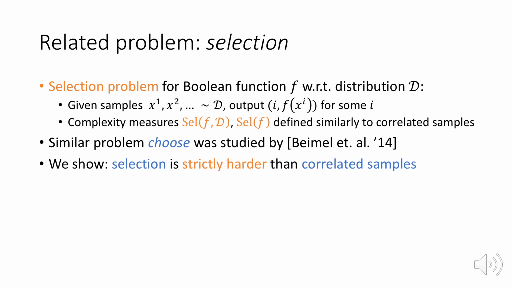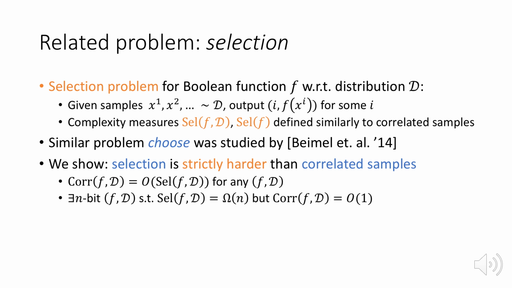Just like the correlated samples problem, selection is also subject to Shawty examples. But it turns out that selection is strictly harder than correlated samples. In more detail, we show that for any f and d, CORR is upper bounded by SEL up to a constant factor.